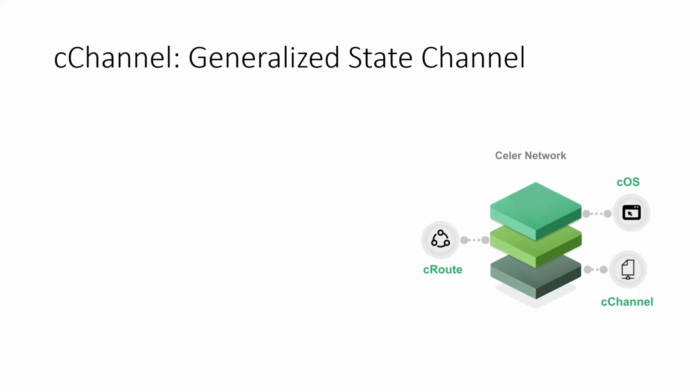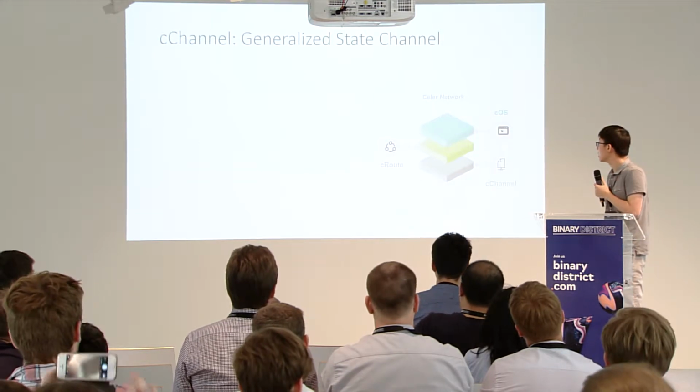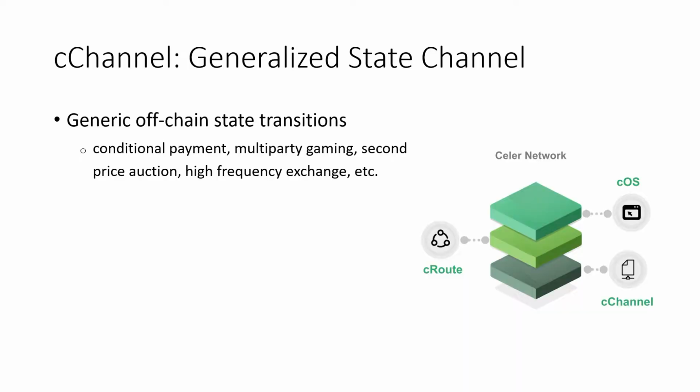The bottom layer is cChannel. It's a generalized state channel and sidechain suite that forms the cornerstone of the off-chain scaling platform. What we mean by generalized state channels is that it can support generic, actually arbitrary, off-chain state transitions, because we believe that blockchain is much bigger than just payments.